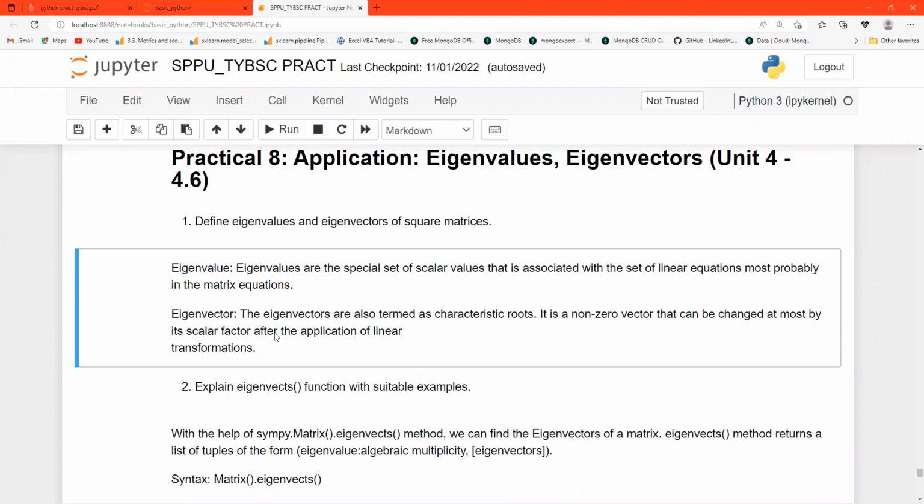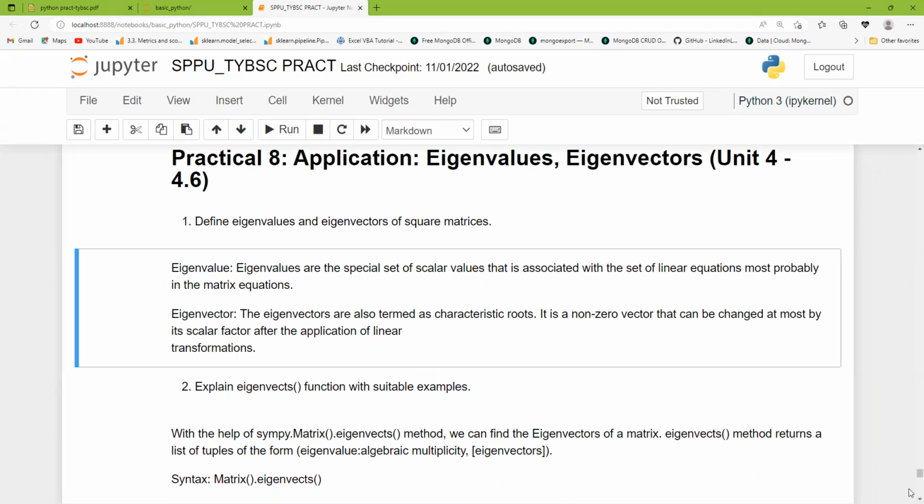Eigenvectors are also termed as the characteristic roots, and these can be found by using the determinant of A minus lambda I is equal to 0 itself. So these are the eigenvectors.